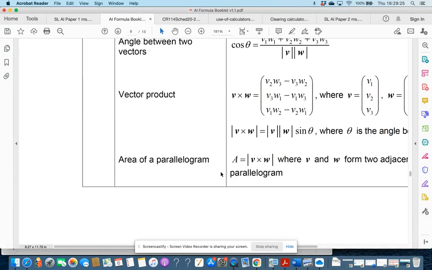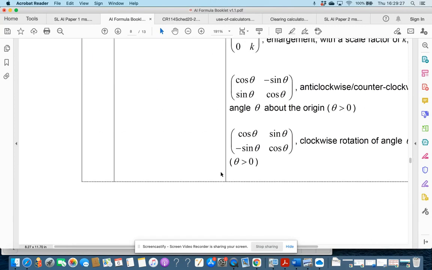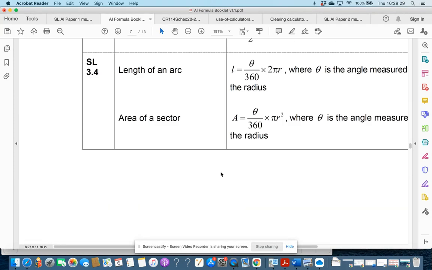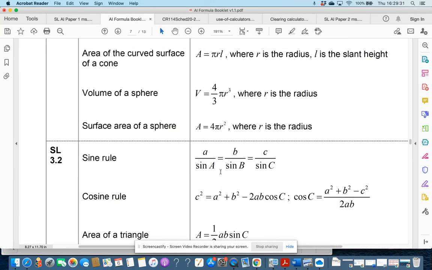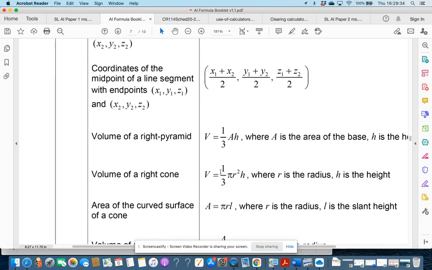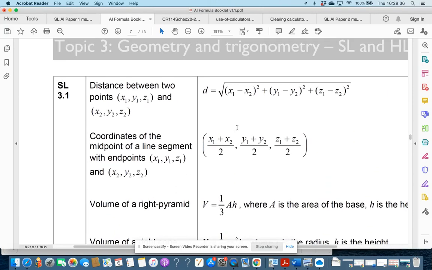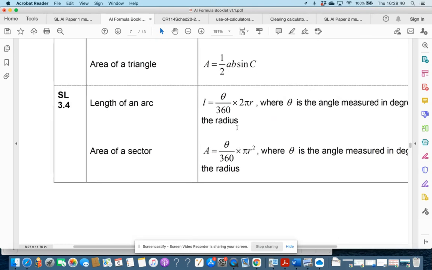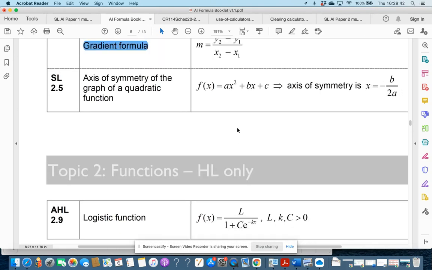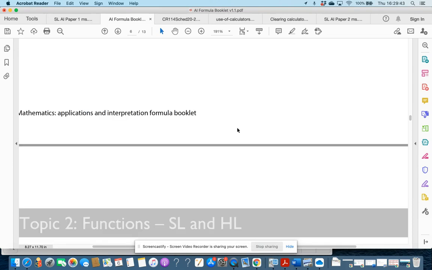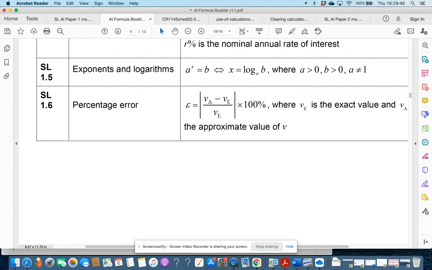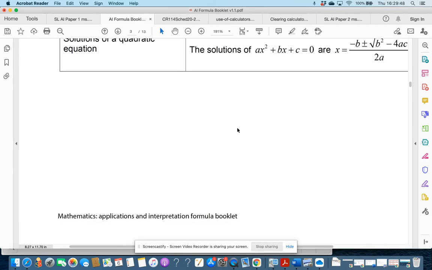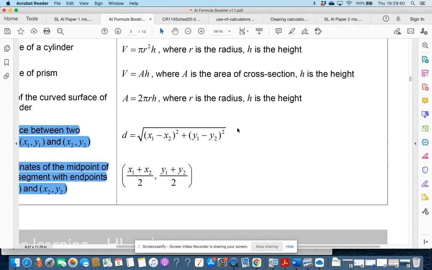So those are actually in topic 3. There's a difference between 3 points. Okay, that's not 3-dimensional Pythagoras, but we had Pythagoras in the previous, prior knowledge section of the formula booklet.